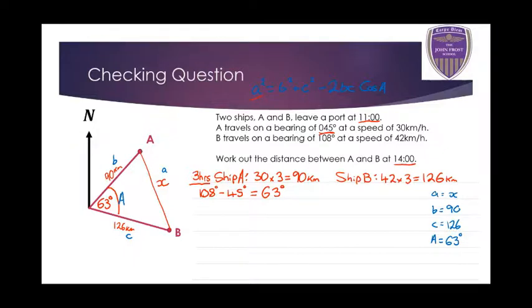So we've got x squared is equal to b squared, so b is 90, so 90 squared, not 9 squared, plus c is 126, plus 126 squared, take away 2 times b, which was 90, times c, which was 126, times cos of angle A, so that's cos 63.